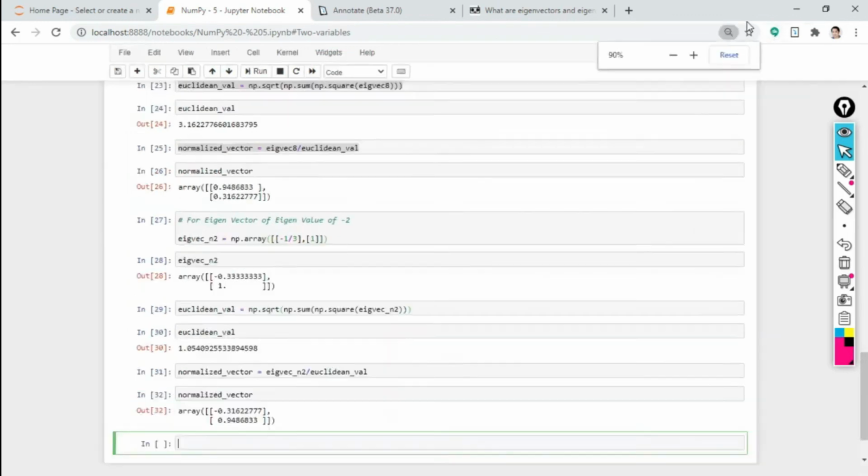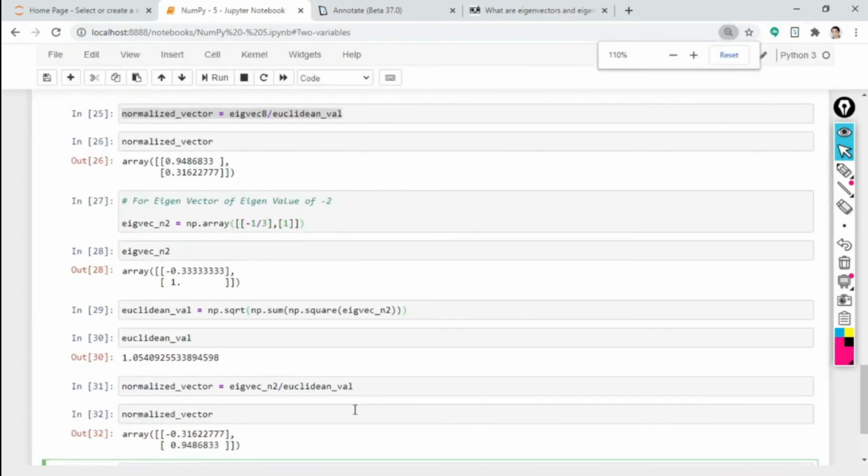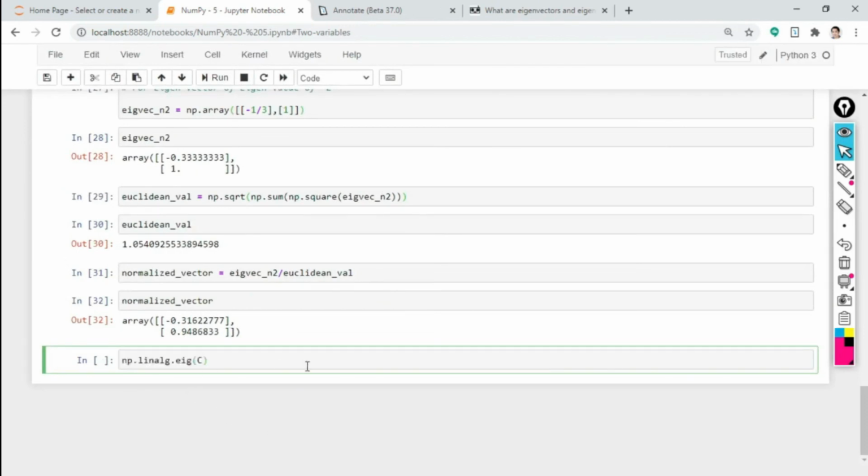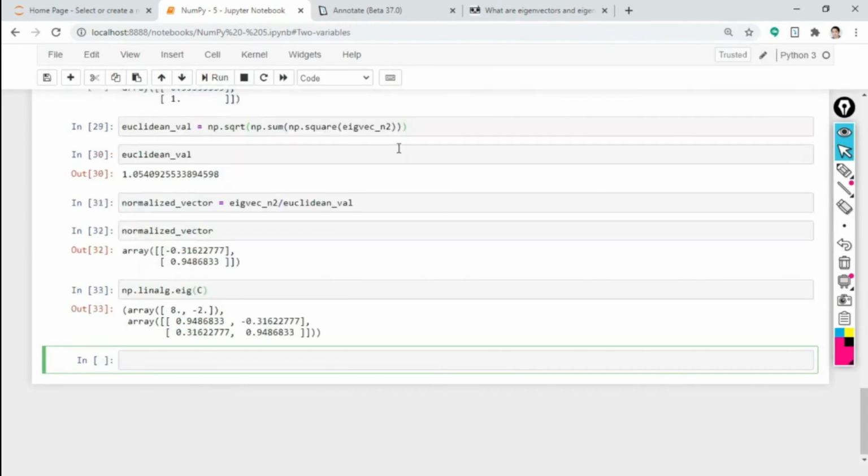Let me zoom in now. Let's compare the specific values. As you can see here, this one is for -2, and this one is the normalized vector. So it's the same. That's how you compute the eigenvalues and eigenvectors for a 2x2 array.